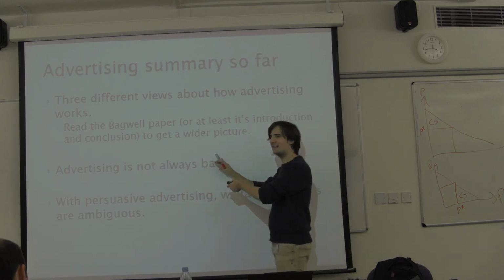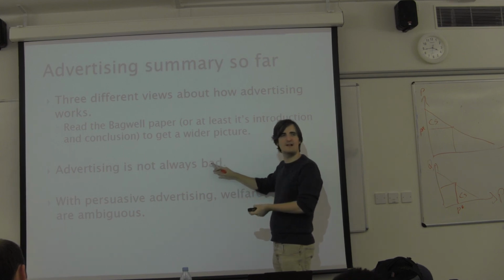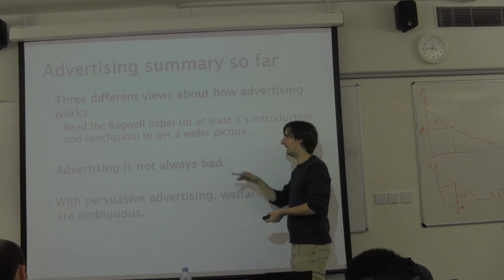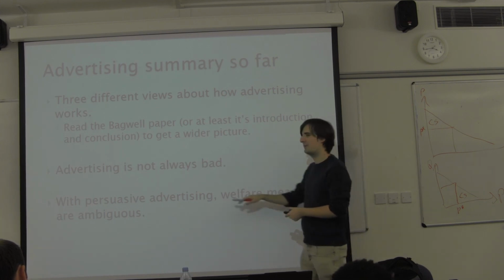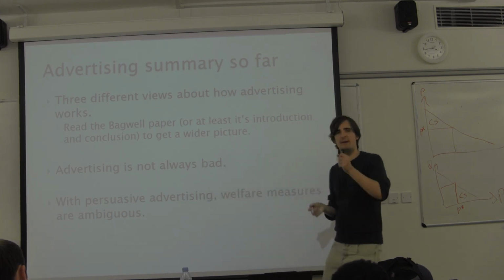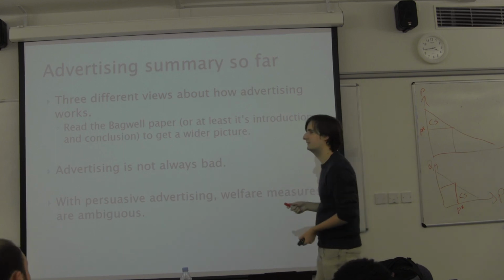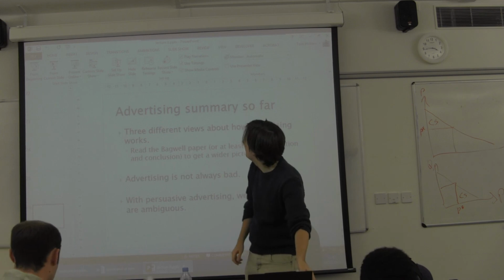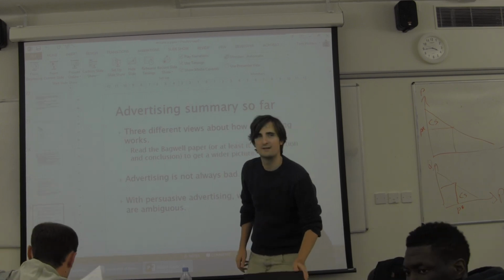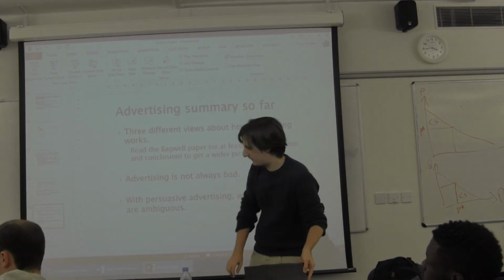It's not always bad. It's quite easy to construct examples where there's too little advertising or where it increases welfare. And with persuasive advertising, we found these ambiguous effects. It's an exercise.